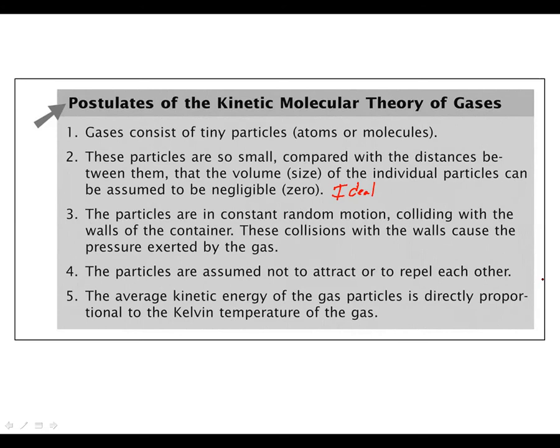Number 4 is also something that makes something an ideal gas. In an ideal gas situation, in addition to assuming that the gas has no volume itself, we also assume that there are no attractive or repulsive forces between different gas molecules.